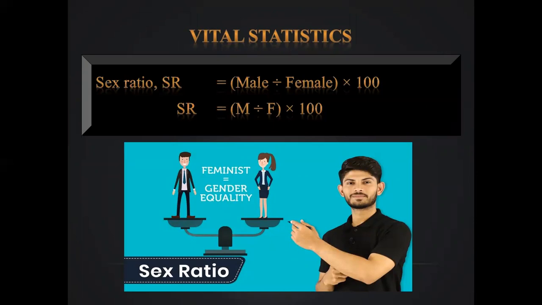Now, sex ratio SR equals male divided by female, times 100. So, M divided by F, times 100.